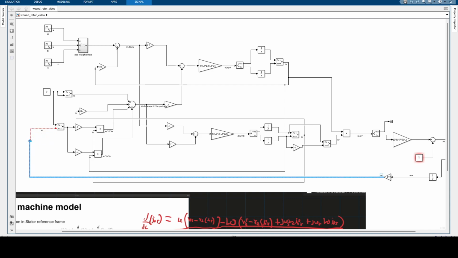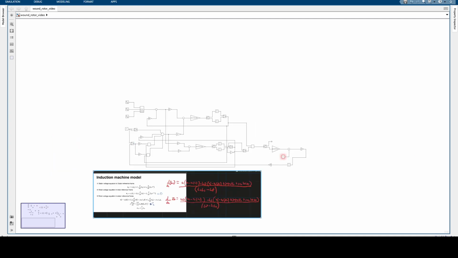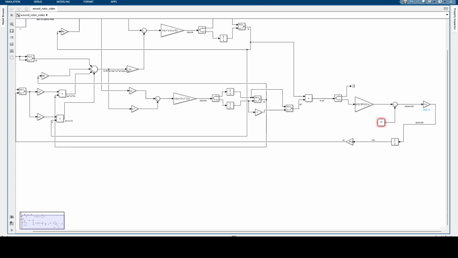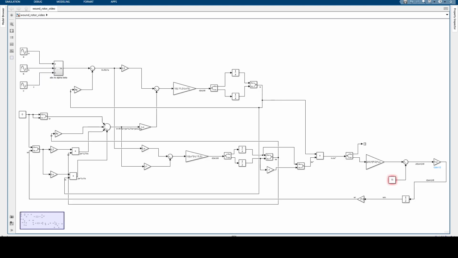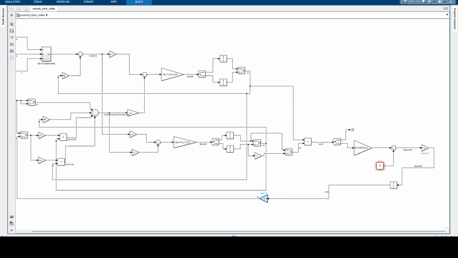For some reason it doesn't want to graph. Okay, perfect. Okay, get rid of this now. Okay, so this is a big mess now. So we can say that all of this that we did to get our omega is our mechanical equation.